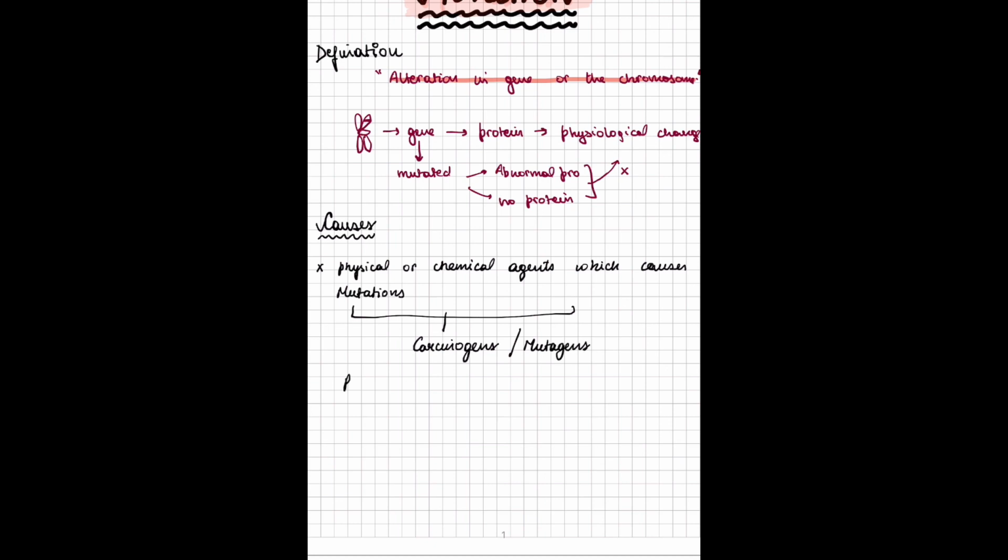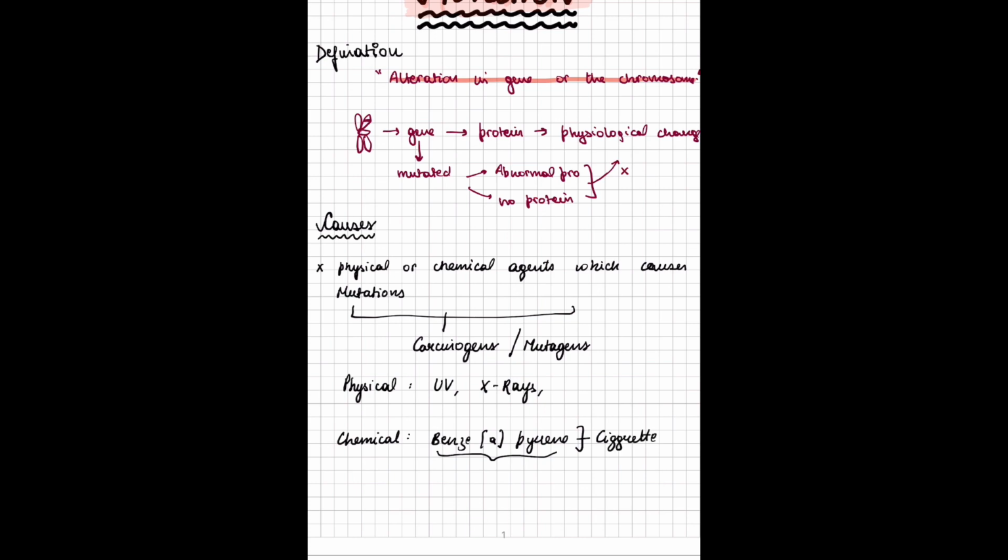Now, examples of physical mutagens include UV radiation, X-rays, gamma rays, and all the ionizing radiation. Now, chemicals include benzopyrene. Can you tell where this substance is found? This is found in cigarettes.